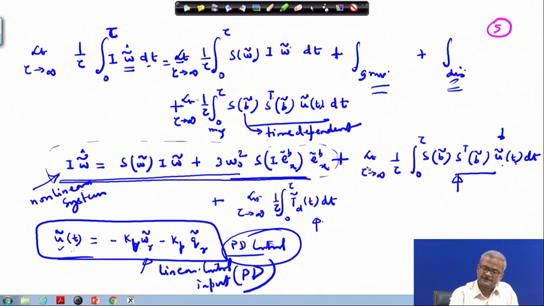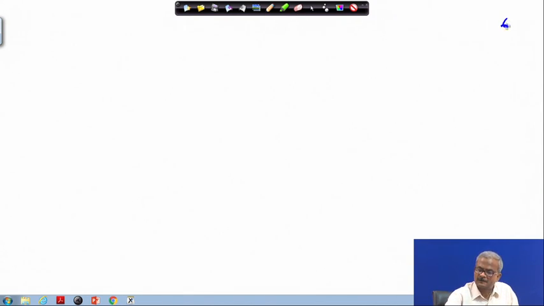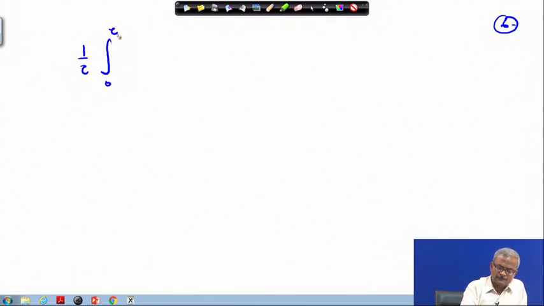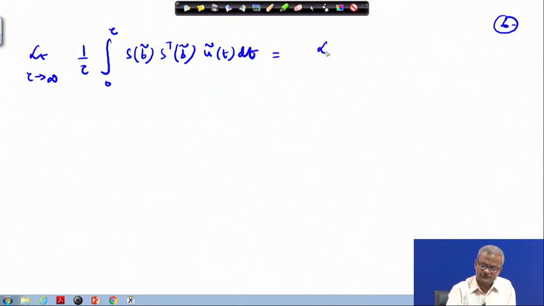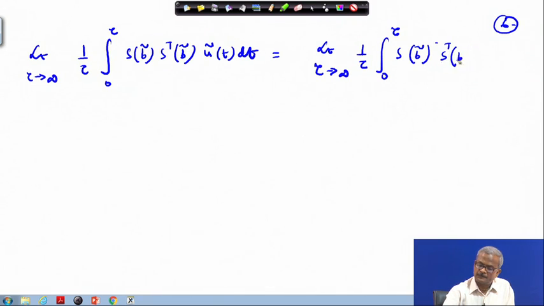So, this part then gets reduced to, the 1 by tau, for this case, this will get reduced to limit tau tends to infinity 1 by tau, and this we just write as u tilde.